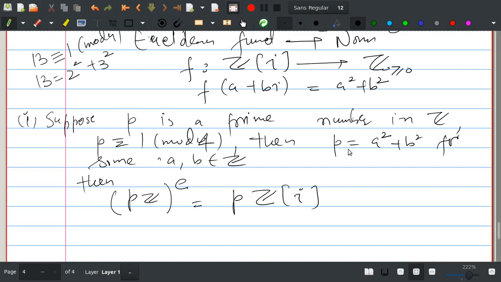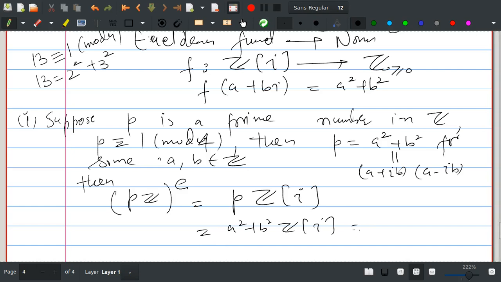Now this p is also the sum of two squares, so this can be expressed as (a+ib) times (a-ib). So we can write this as (a squared plus b squared) times Z[i], which is the same as (a+ib) times (a-ib) times Z[i].